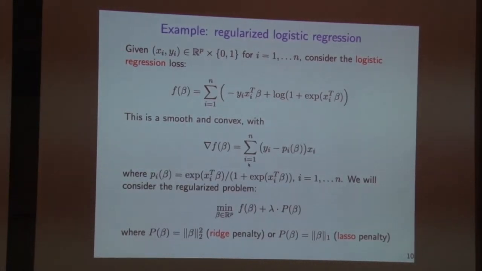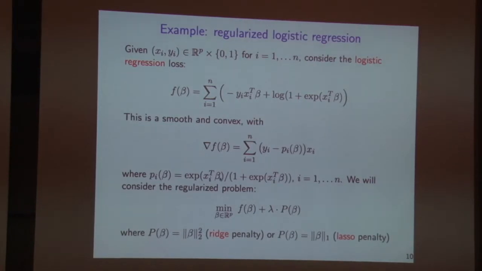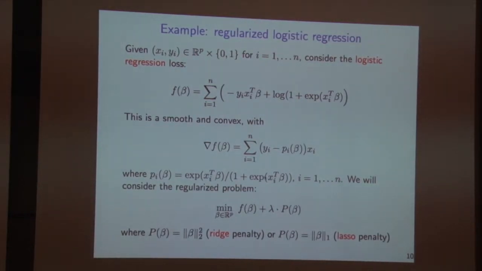And in the logit model, that's exactly this: 1 over 1 plus e to the minus xi transpose beta, or e to the xi transpose beta over 1 plus e to the xi transpose beta. Those two things are the same. So this is an exercise for you to check if you're unfamiliar with where that came from, or unsure of that. Take the gradient of this loss function, it's this.